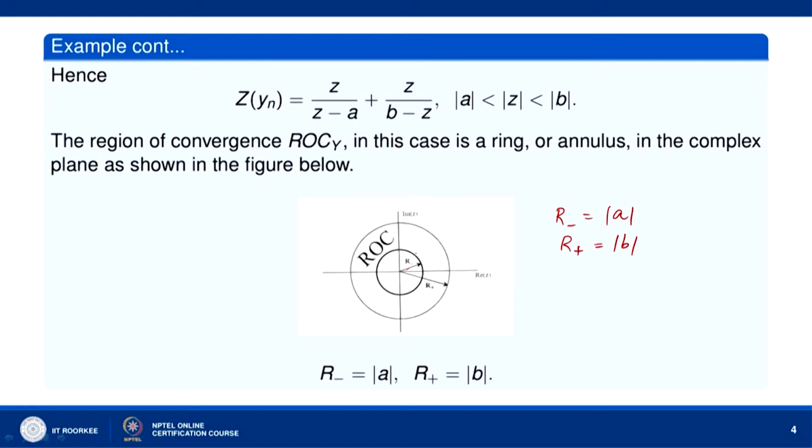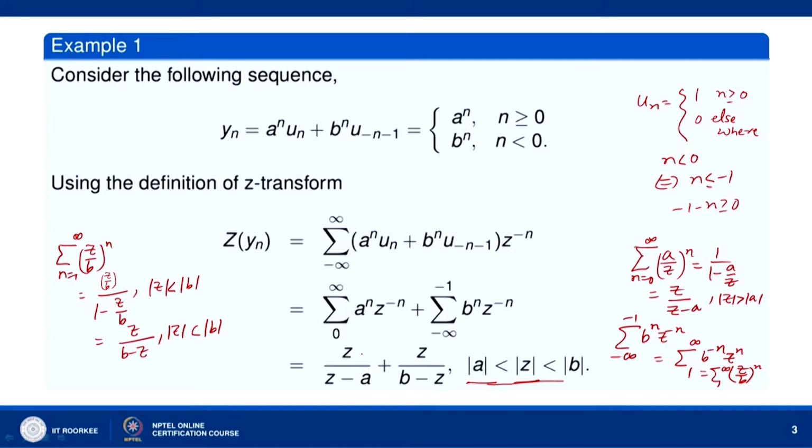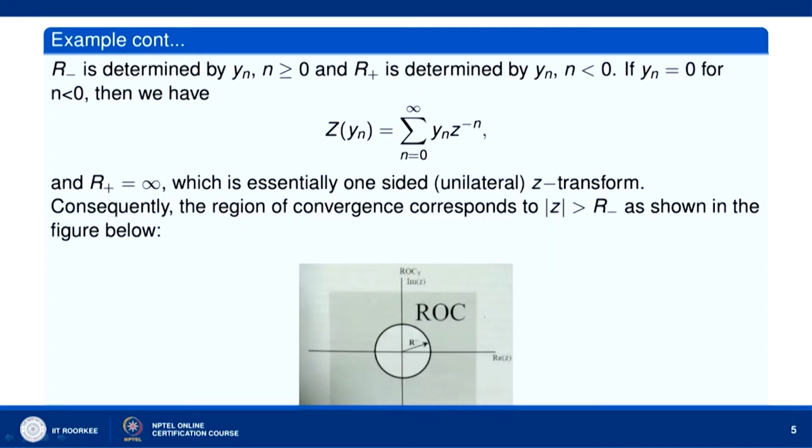One is mod of Z equal to mod of A, and the other is mod of Z equal to mod of B. Now, R minus is determined by y[n] when n is greater than or equal to 0, and R plus is determined by y[n] when n is less than 0.